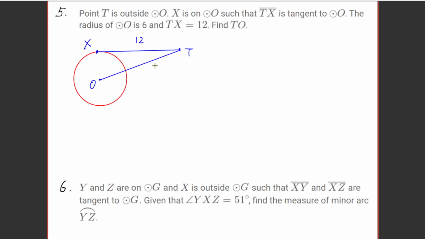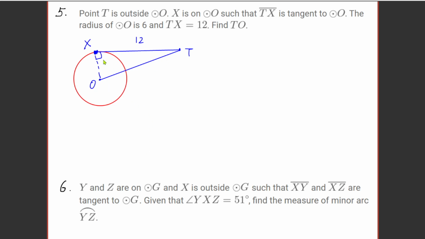Okay, so let's connect TO. And apparently because XT is tangent to that circle and XO is a radius of that circle, then we know that this angle must be 90 degrees, right?